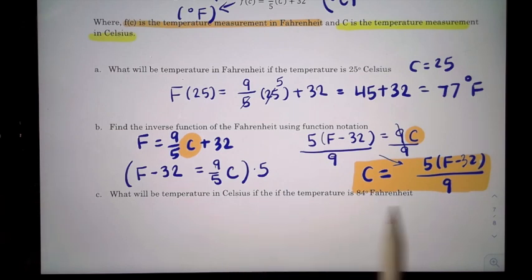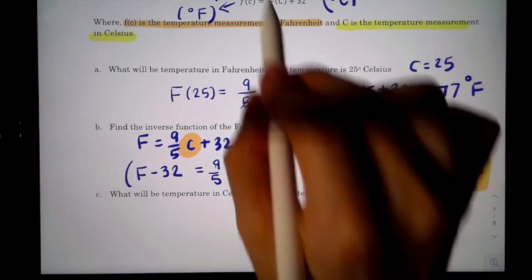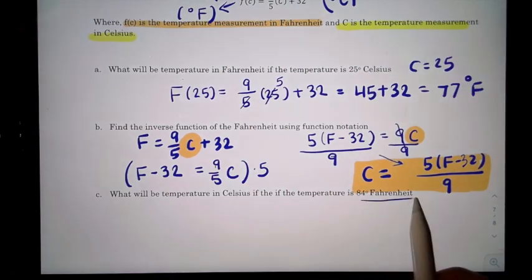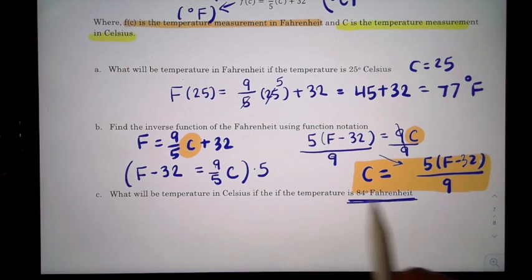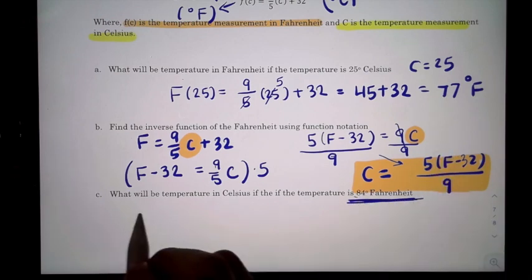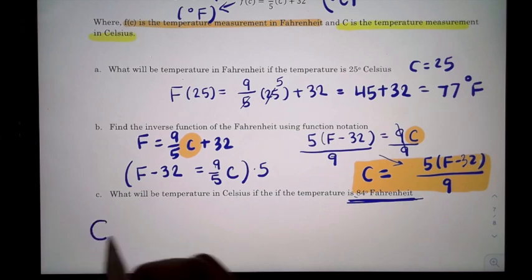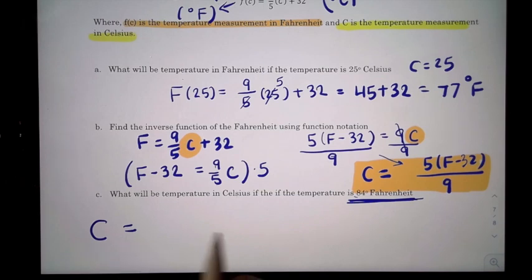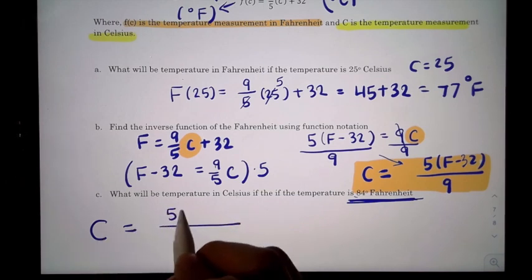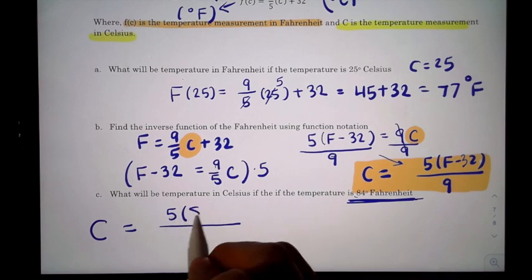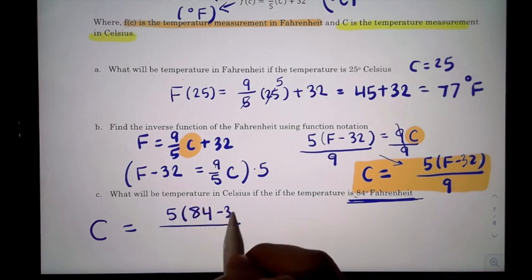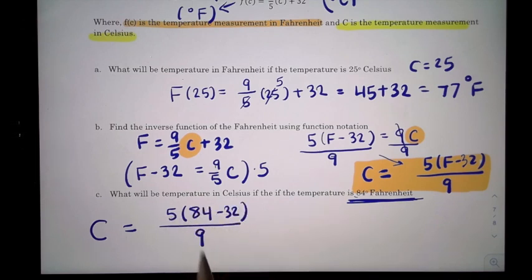All right, so I just have this, and then look, what will be the temperature in Celsius if the temperature is 84 Fahrenheit? So you need to put this value 84 into F, right? Then we will get Celsius as my output, because that's the inverse function. So 5 times, my F is 84 minus 32, over 9.